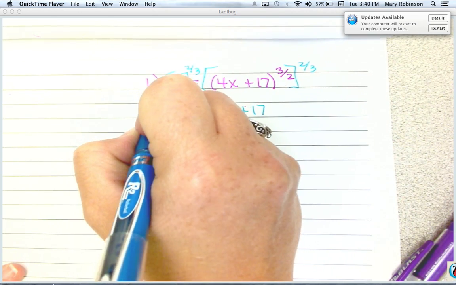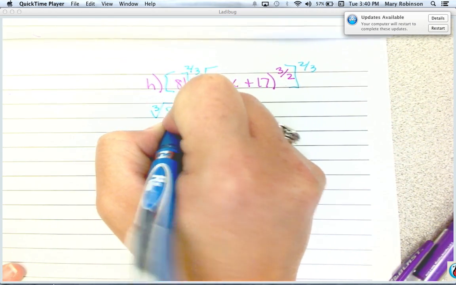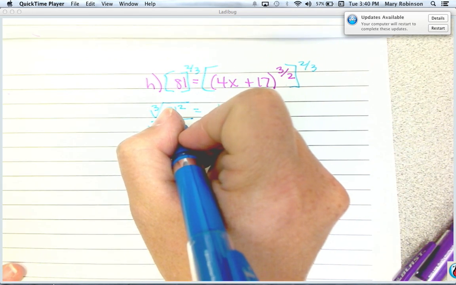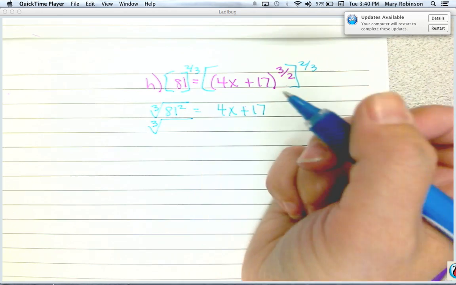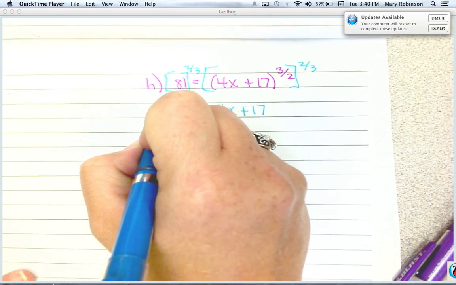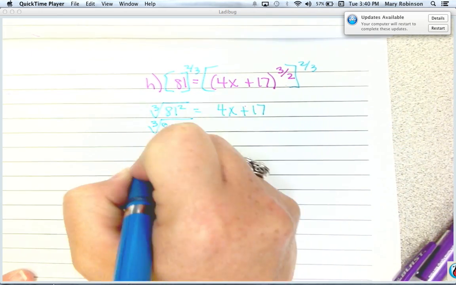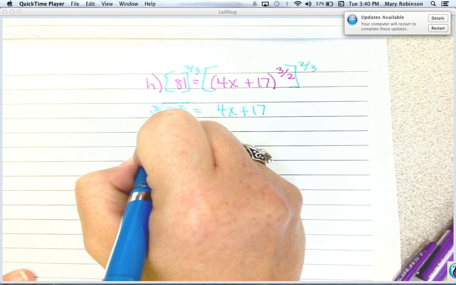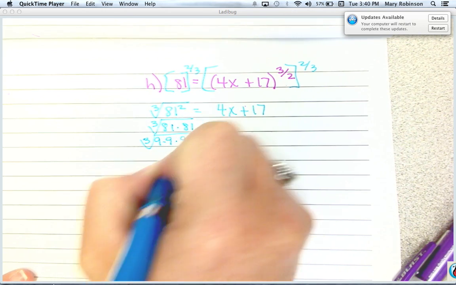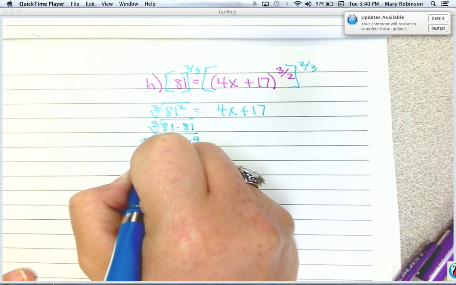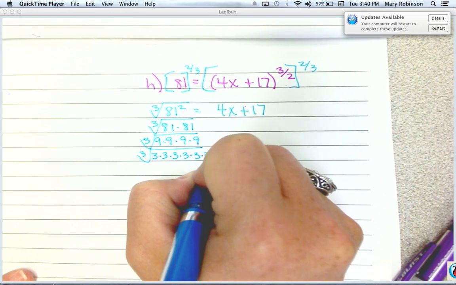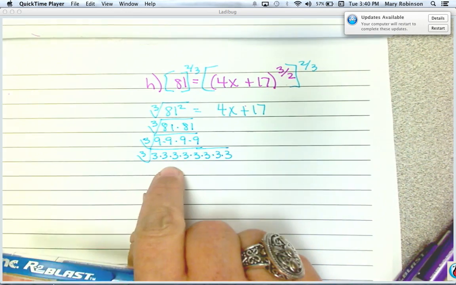Remember, this is the cube root of 81 squared. 81 can be written with the base of 3, or you can just realize that it's 81 times itself. 81 is 9 times 9. So if you break it down slowly like this, you can find it as well without having to rely on a calculator. All right, so let's make sure this makes sense.